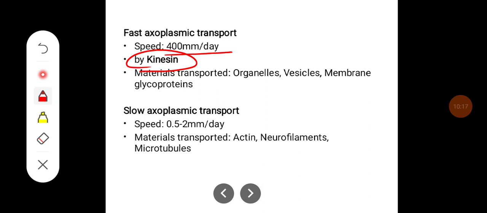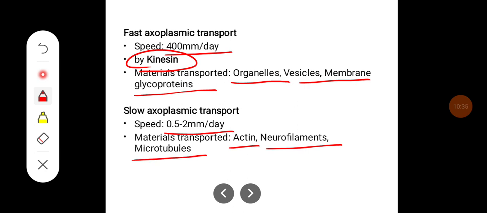Molecules transported by anterograde transport are cell organelles, vesicles, and membrane glycoproteins. In slow axoplasmic transport, the speed is 0.5 to 2 millimeters per day, and the materials transported are actin, neurofilaments, and microtubules.